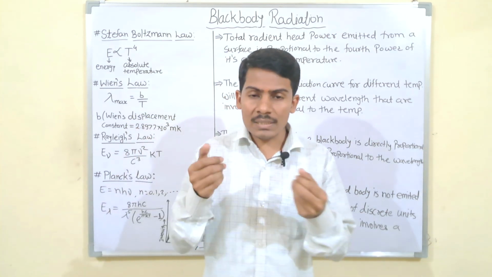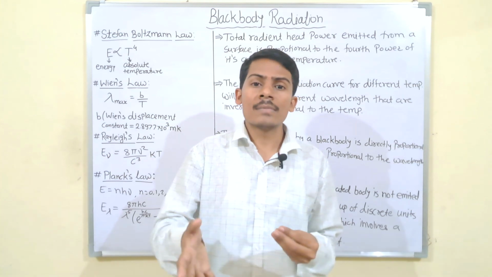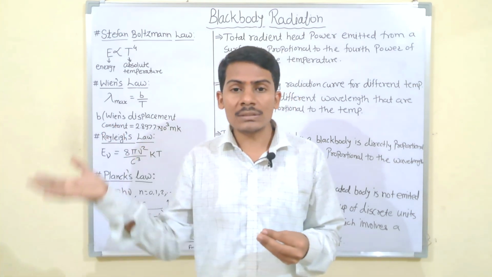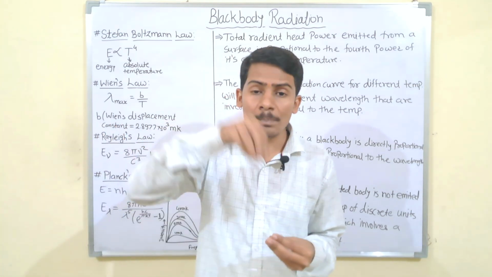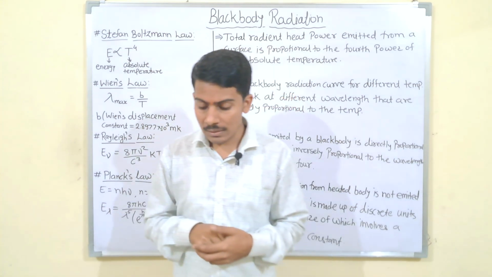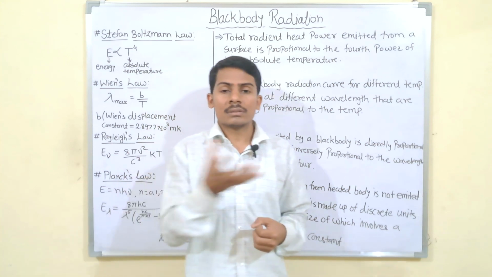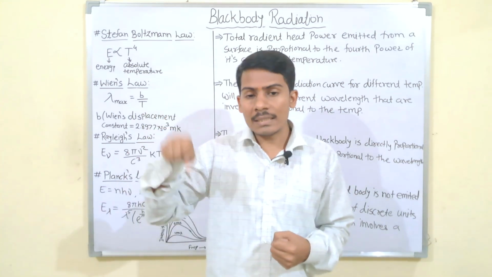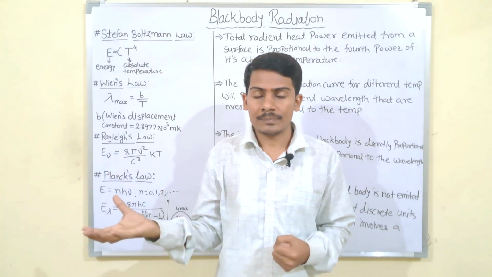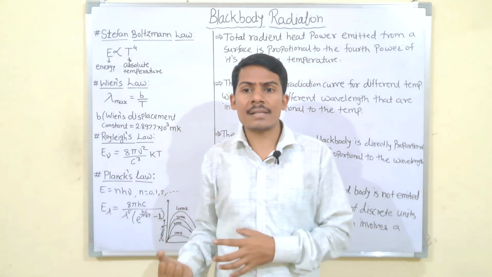Now, what is this black body? Why do we give the name black body to such a substance or object? Because suppose some radiations were incident on an object, and that object absorbed all those radiations.